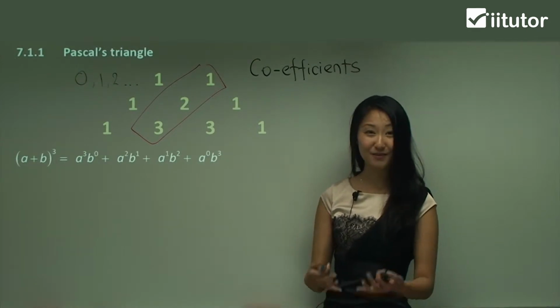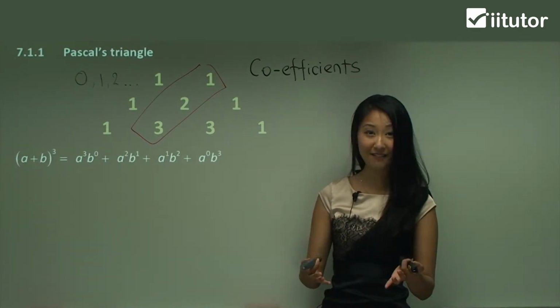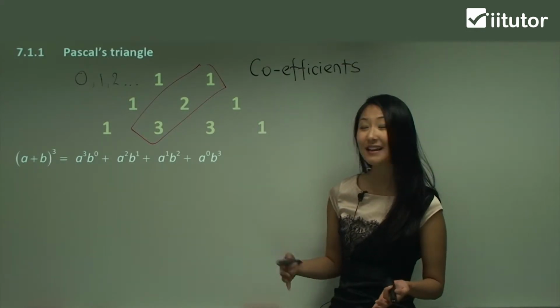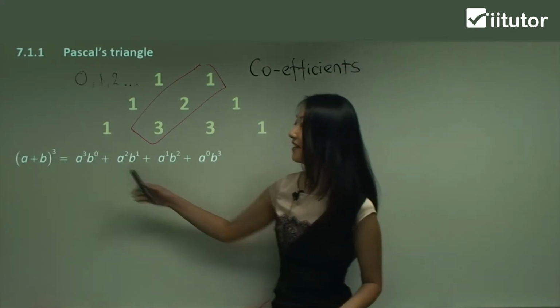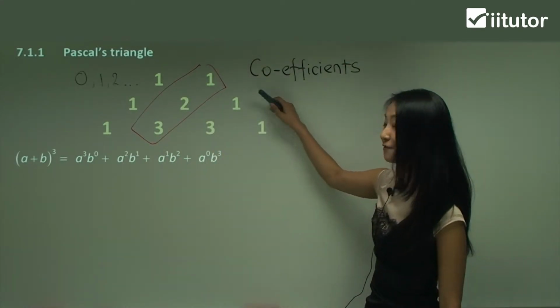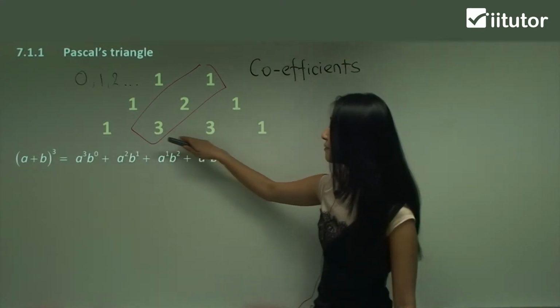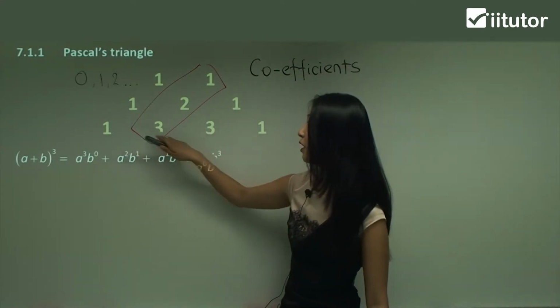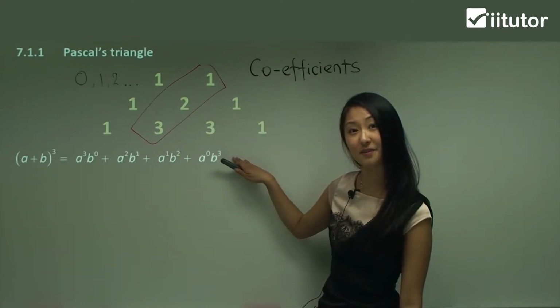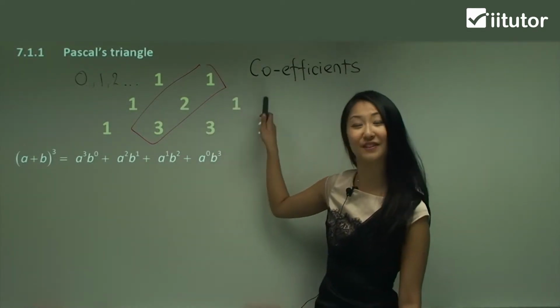So how many terms do you think we would have for the power of 4? Exactly, 5. And for power of 5? Good, there'll be 6 terms. So there'll always be 1 more term than the power. And you can see how Pascal's triangle fits perfectly with that. Because for the power of 3 here, you can see there are 4 coefficients for 4 terms, just as for the power of 2, there are 3 coefficients for 3 terms.